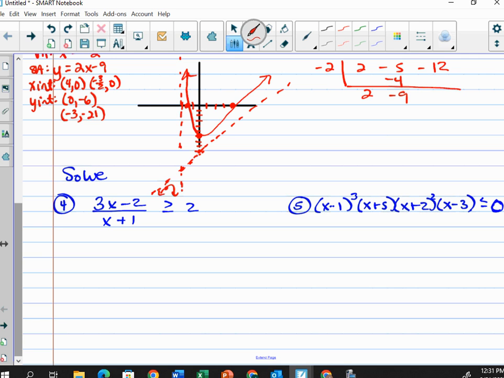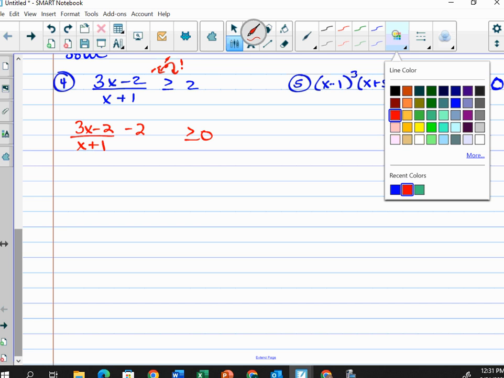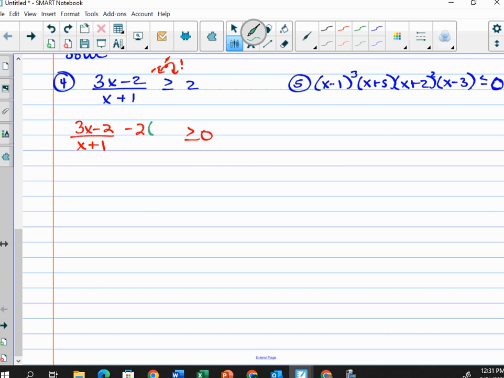Okay, we all right with number 3? All right, the last two are both inequalities. It's a skill 1 inequality and a skill 2 inequality. Same idea with the number line, just different work leading up to it. So number 4, you have to bring that 2 over. I need a common denominator.